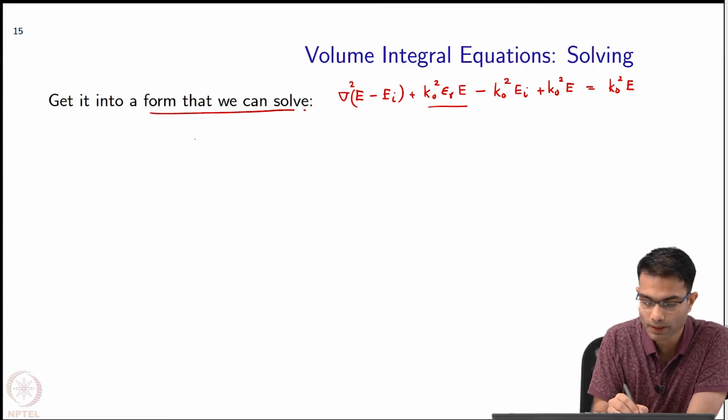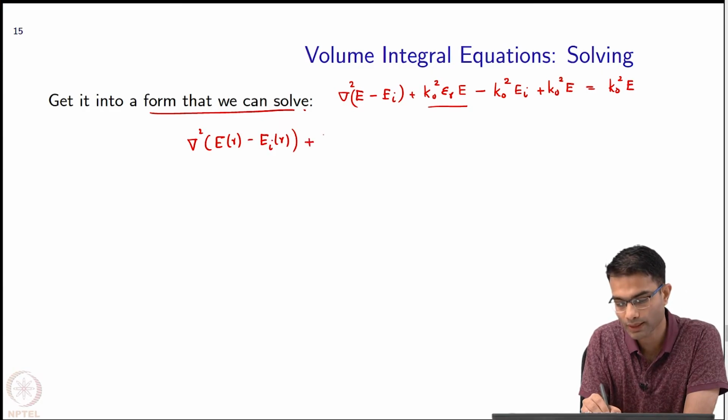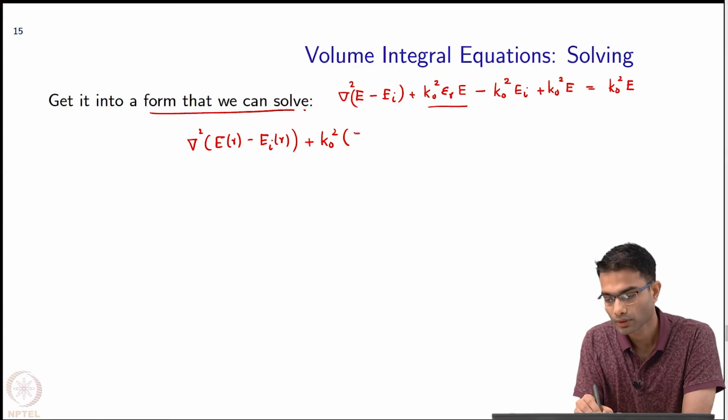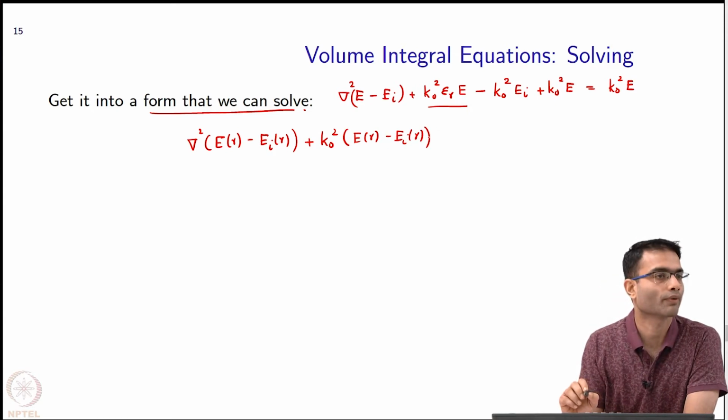Then this will become del squared E of r minus E I of r. First term is fine. I can gather the k naught squared together. So, I have E of r minus E I of r. I have got what I wanted.